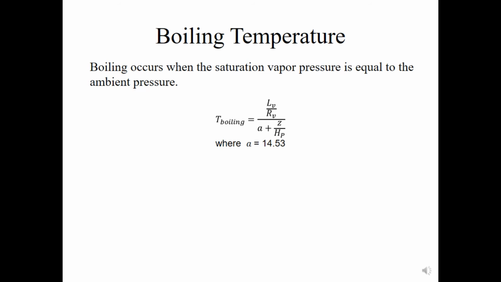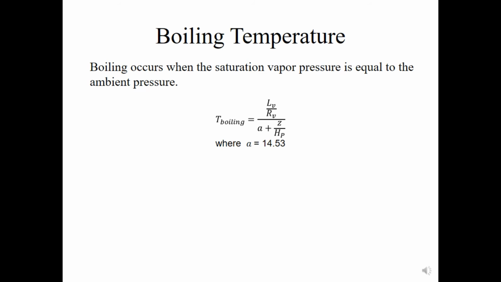So if you happen to go to a lower pressure, as in moving to a higher elevation, the ambient pressure is reduced, and therefore the boiling temperature will be reduced as well, because you don't have to be as hot in order for the saturation vapor pressure to equal the ambient pressure.